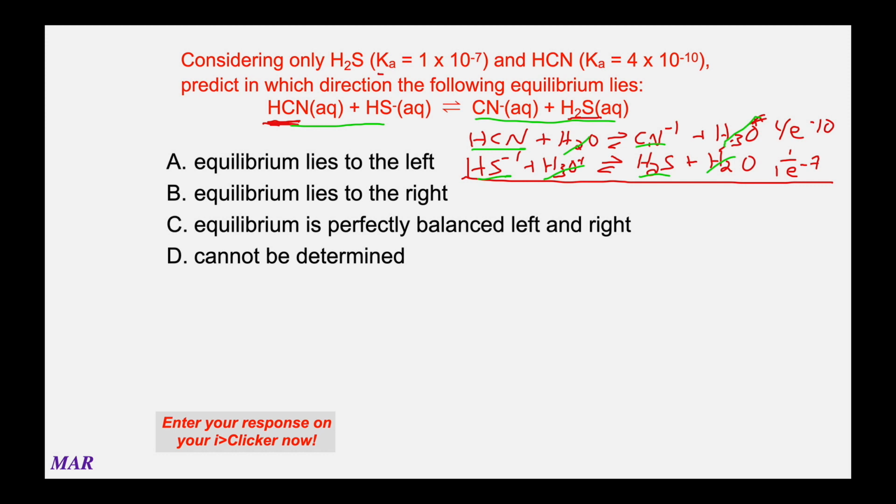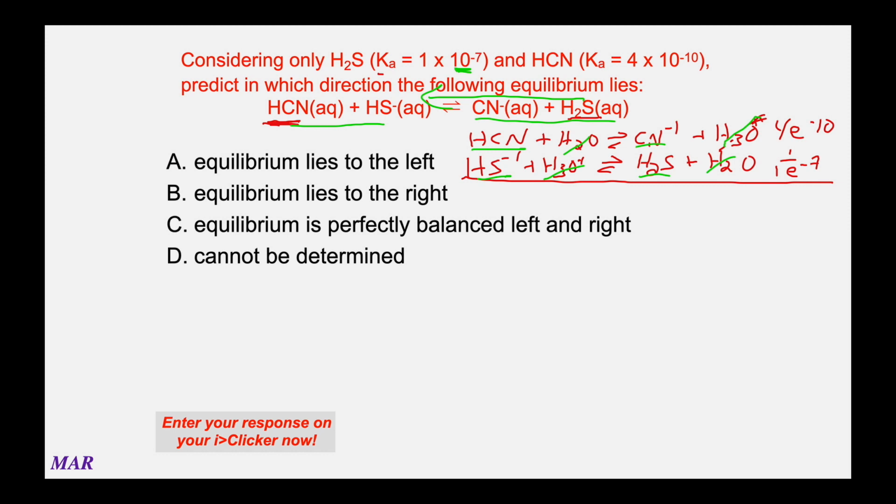And for strengths of acids, we can literally use the Kas. H2S has a lot bigger Ka. 10 to the minus 7 is small, but it's a lot bigger than 4 times 10 to the minus 10. So 10 to the minus 7 is going to push this reaction to the reactant side. And I didn't need to write out Ka expressions or anything like that. I literally just looked at the values of Ka.